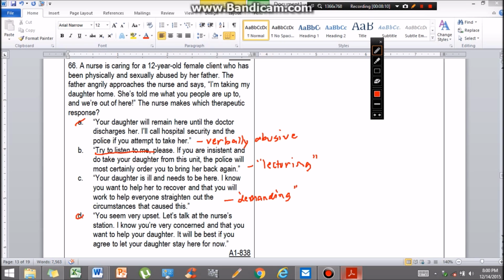Best answer, Dallas, because it acknowledges the feeling of the father, the behavior of the father. At the same time, it protects the child. So the best answer here is Dallas.